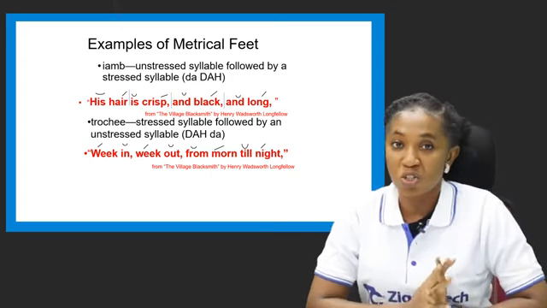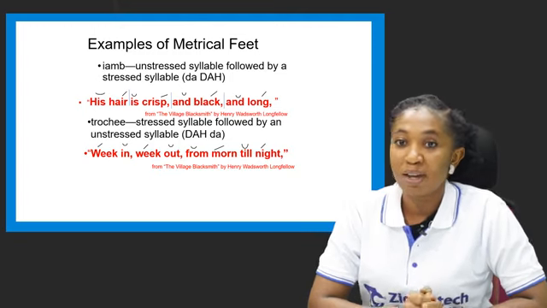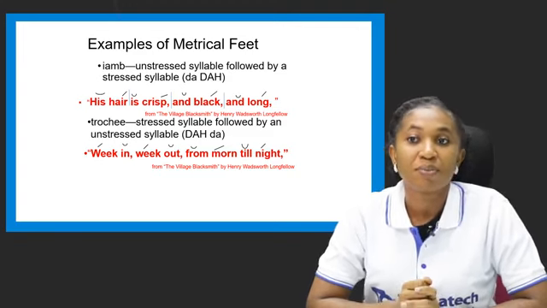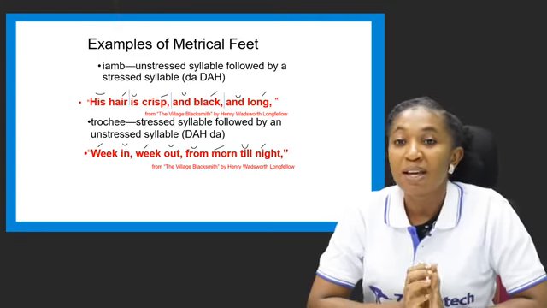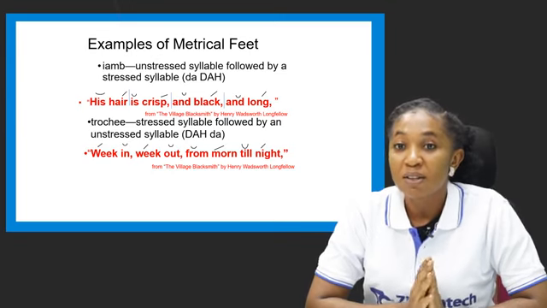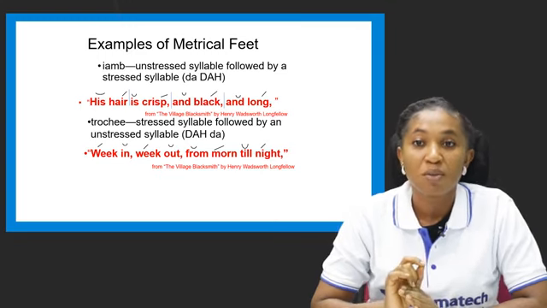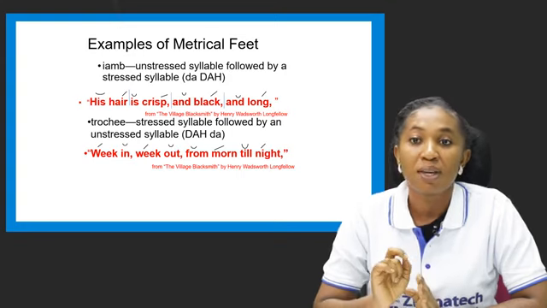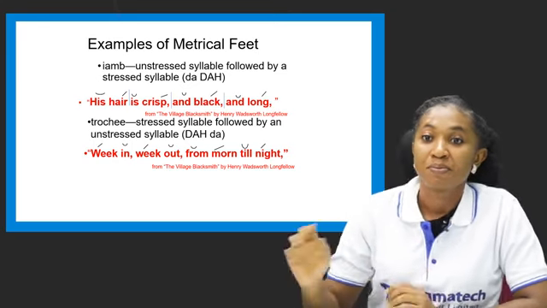So week is stressed and in is not stressed. In the second phrase there we have week being stressed and out being unstressed. In this line, the first 2 phrases are an example of trochee, week in, week out. That is da, da, da, da. I hope that is clear.